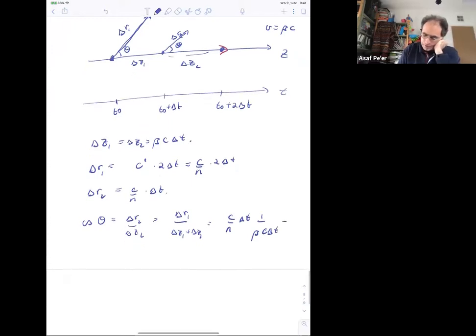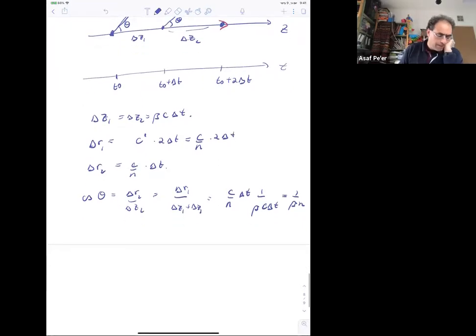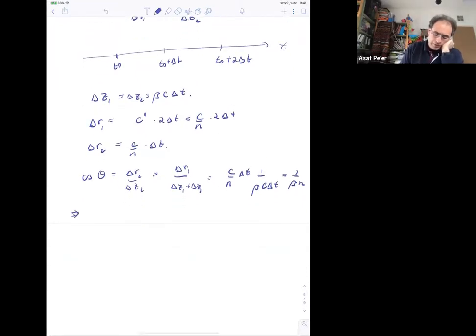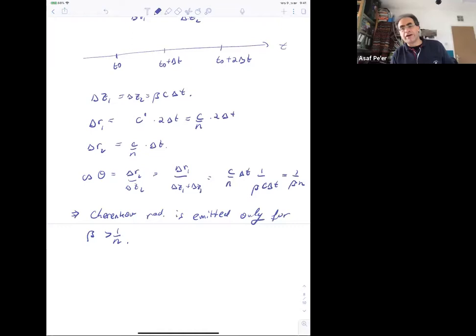So it's just 1 over beta n. Which means that the Cherenkov radiation is emitted only for velocities which are greater than 1 over n, where n is the refractive index. It's pretty simple.